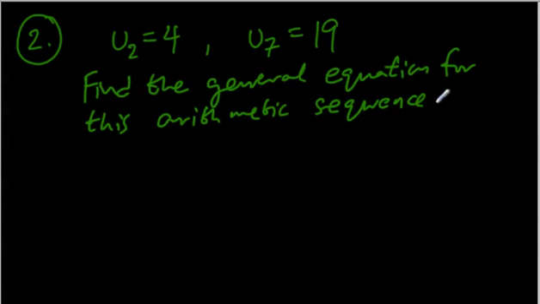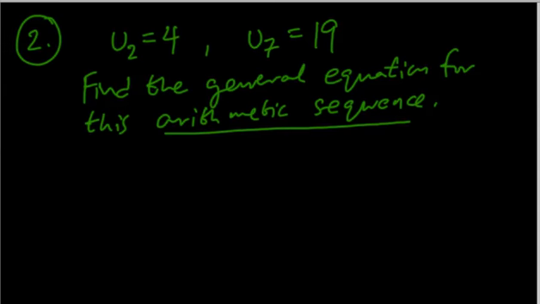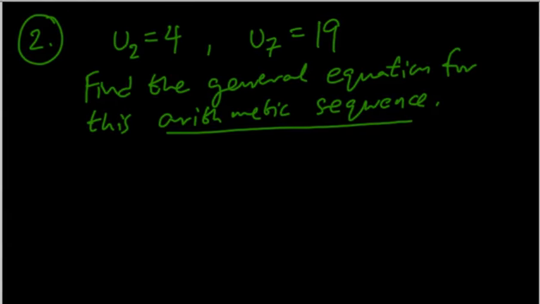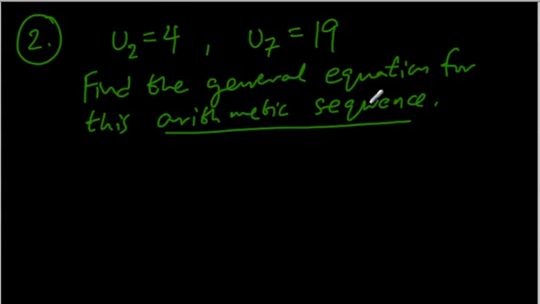Oops. I apologize for the handwriting, but one thing that has to be stated is that you have to know that it's an arithmetic sequence. If you don't know that it's an arithmetic sequence, there's no point in doing this, because there are different equations for different types of sequences. In this case, it's an arithmetic sequence, so now we can use the equations that we have.